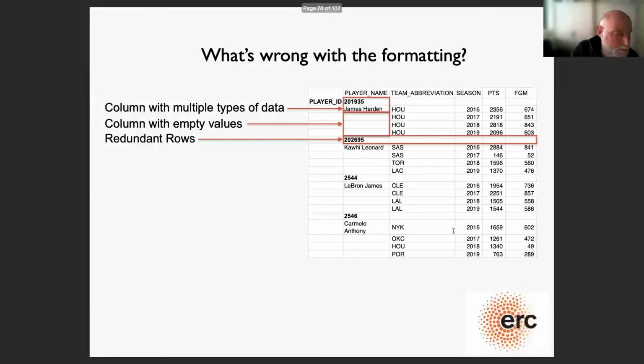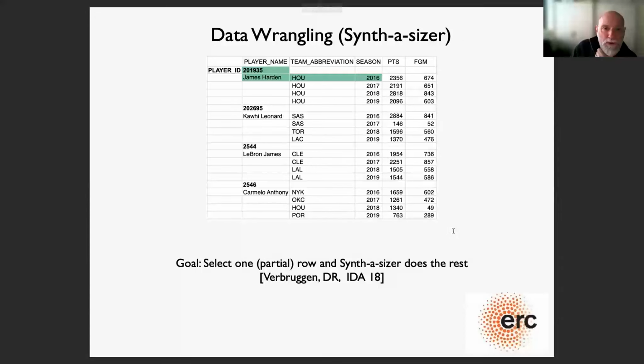Okay, let me look at data wrangling pretty briefly. Here you've got indeed this ill-formatted table that you cannot provide to a machine learning system as is. So you have to do some data wrangling, and there have been approaches to cope with that.